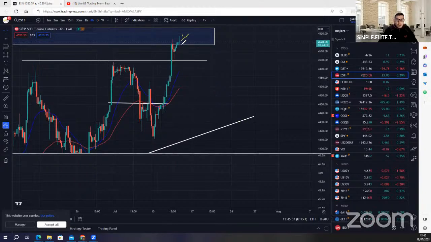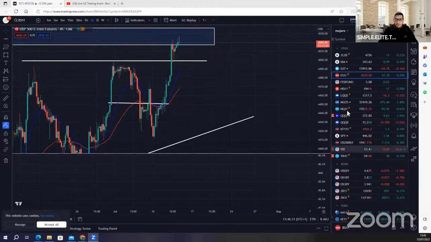So let's watch this price action, because now it's already showing a test bar on 4 hour. Let's see if price comes back to this level and see if buyers step in again.